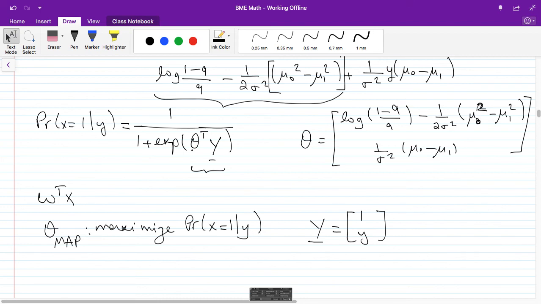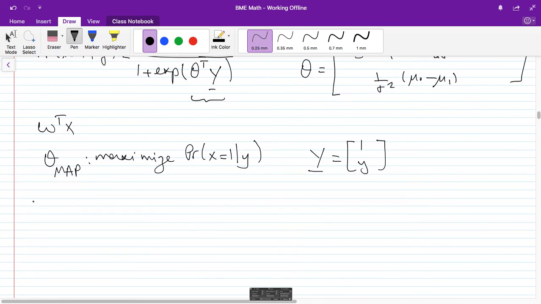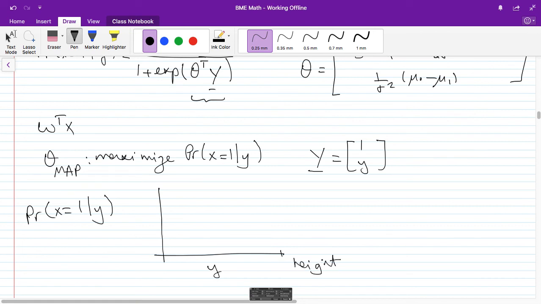So for example, what would the posterior probability look like for our data, the posterior probability of the person being female given the data? It would look something like this. If this is height, y, going from say 150 to 200, it would look like a function that looks like this.